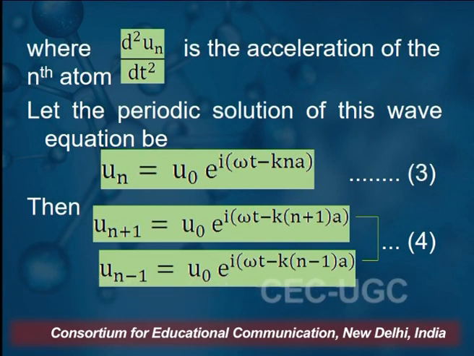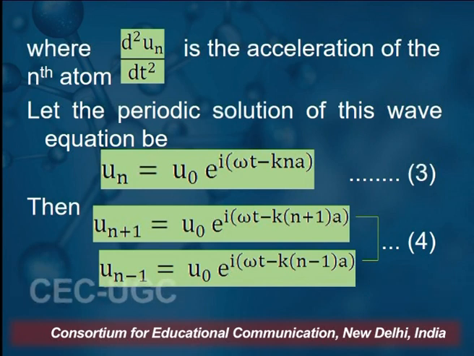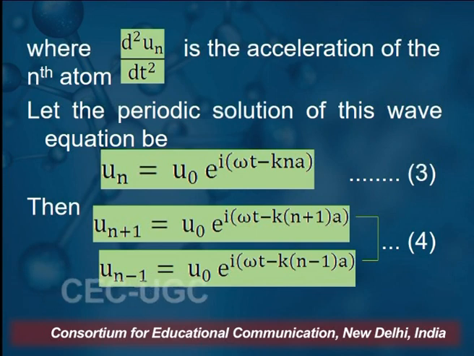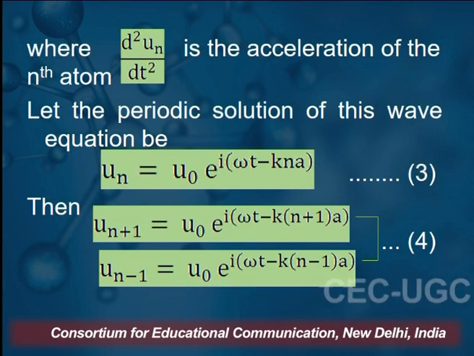The periodic solution of equation number 2 will be a running wave equation. u n will be u naught e to the power of i omega t minus k n a. Similarly, I can write the running wave solution for the n plus 1th atom and the n minus 1th atom.